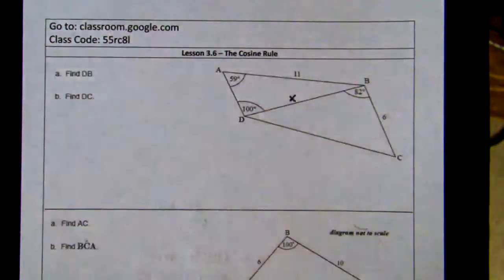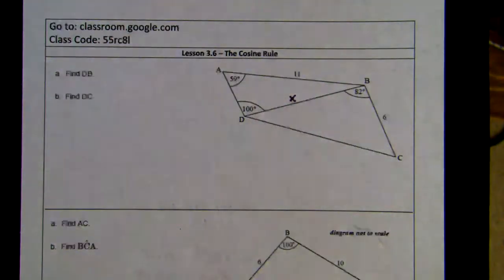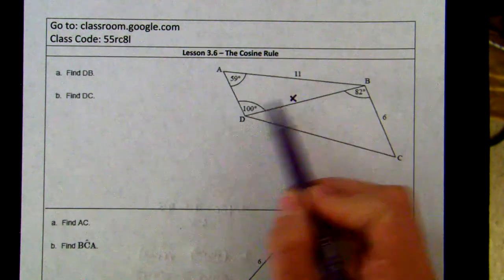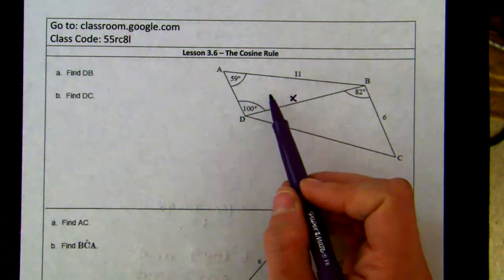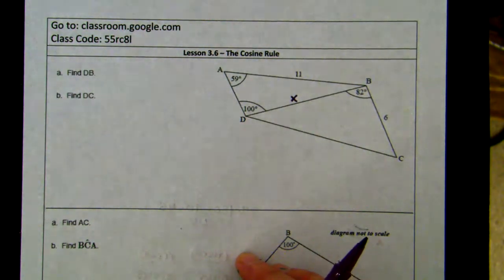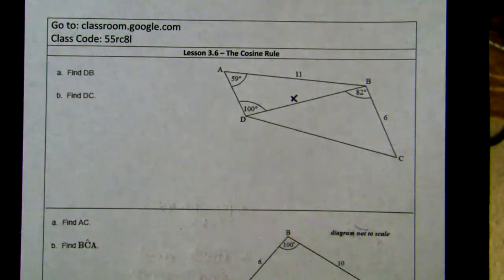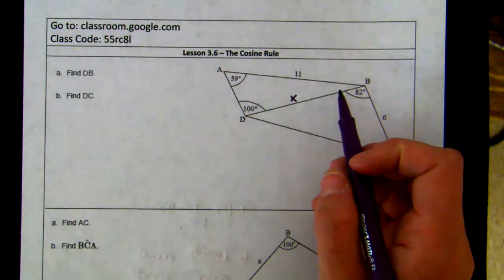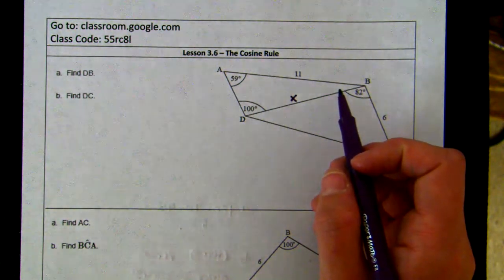I'm going to run through my toolkit and see what I can use. I can focus on just this smaller triangle when I am finding this. I don't have to look at this big triangle just yet. There's no 90-degree angle, so I can't use SOHCAHTOA. The next thing I'm going to look at is sine rule.